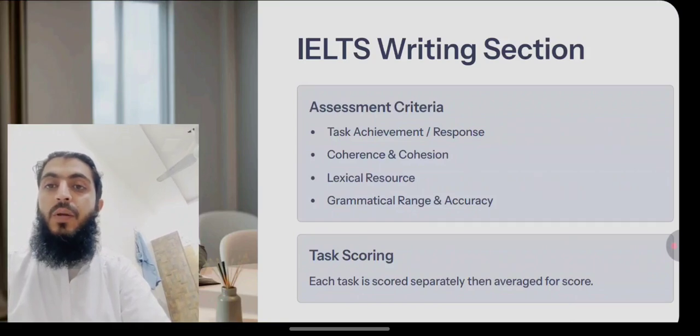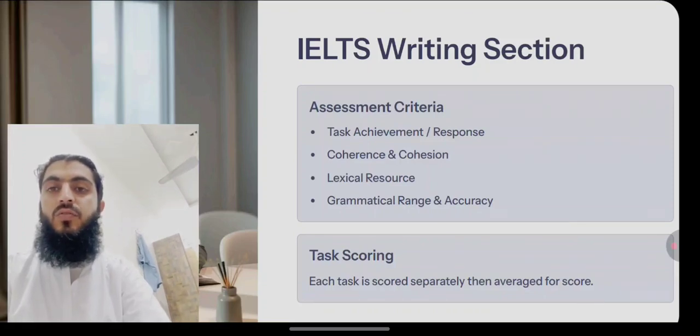Some people use a word but use its wrong form in a wrong situation in a sentence, so it is important to know that as well. Next is your grammatical range and accuracy. So your sentence structure, grammatical range, and accuracy also matter.